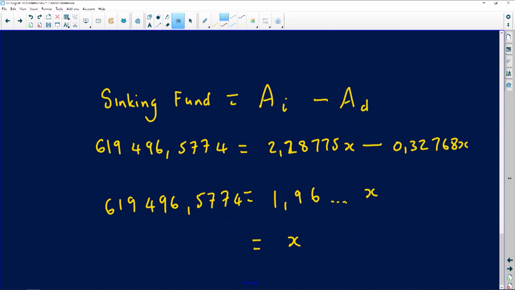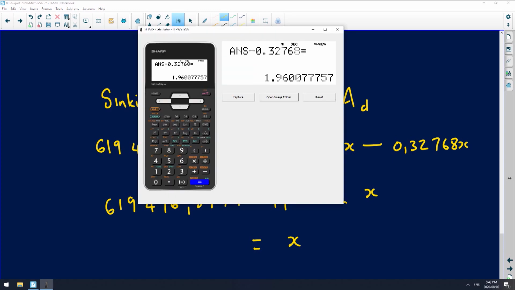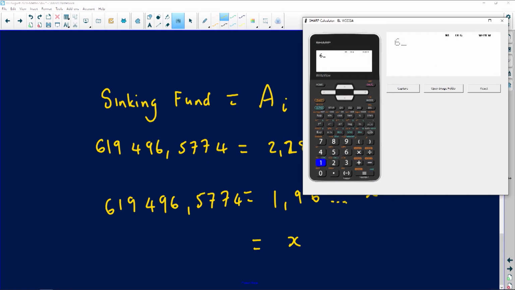So we're going to end up with an x value of 619,496.5774, divided by the previous answer. So I press alphabet and I press answer, then the equality sign.